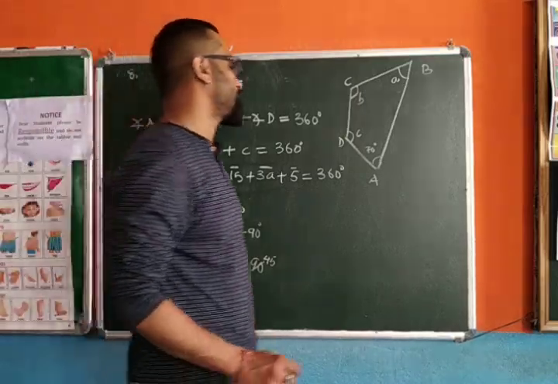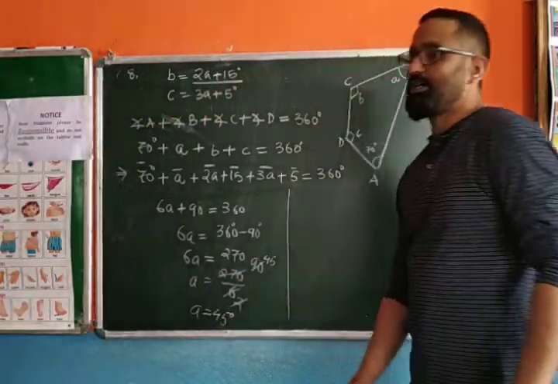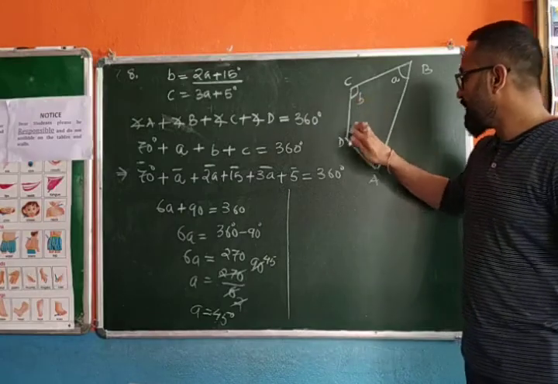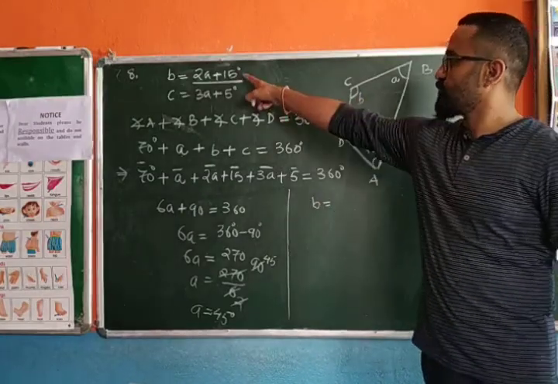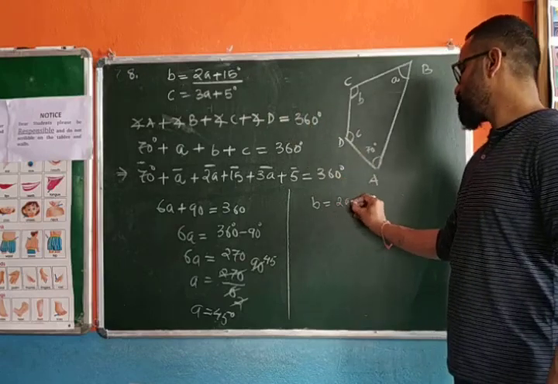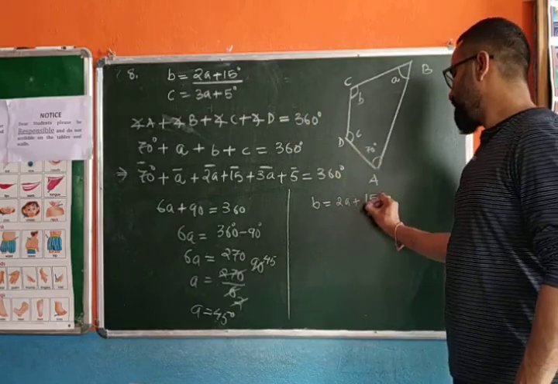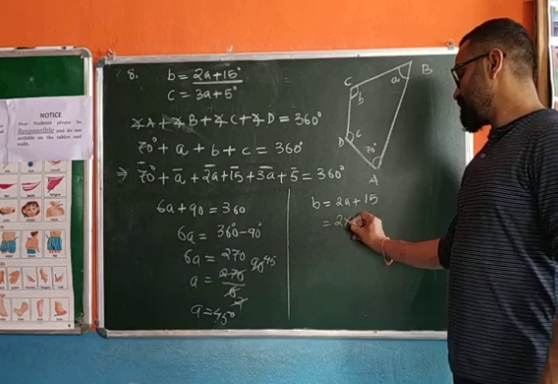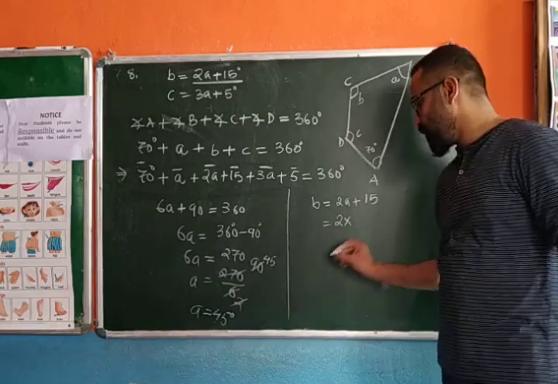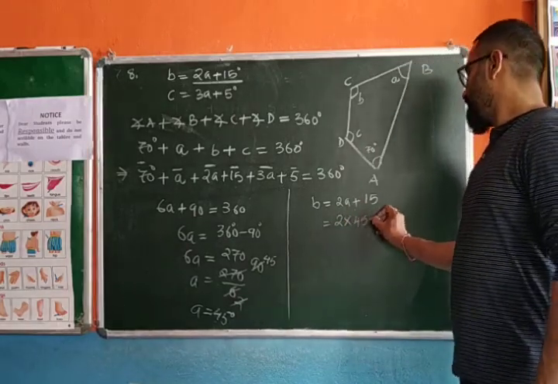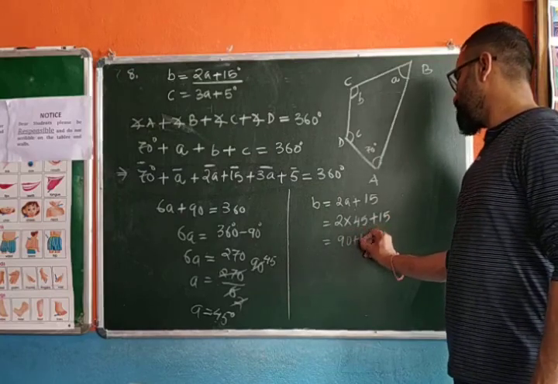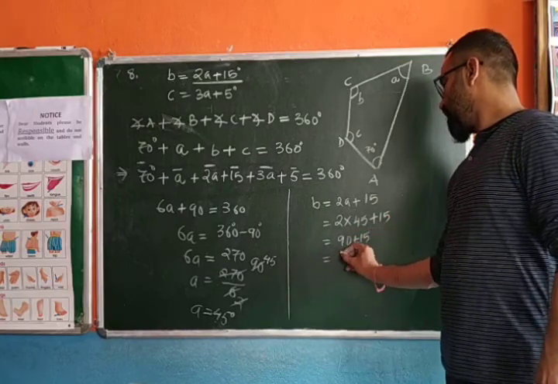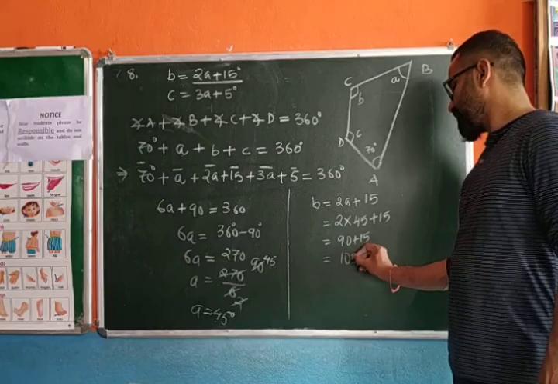We know the value of A. Now the question tells you to calculate B and C. So B is already known, 2A plus 15: 2 multiplied by 45 plus 15. It is 90 plus 15, which is equal to 105 degrees.